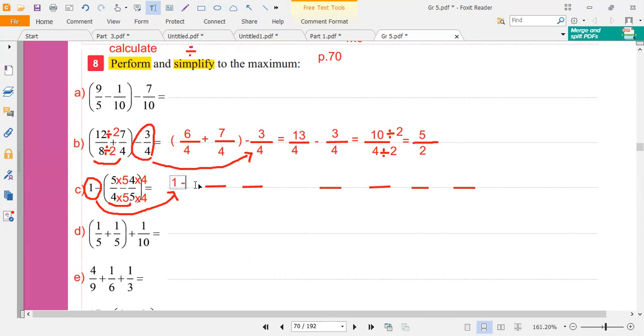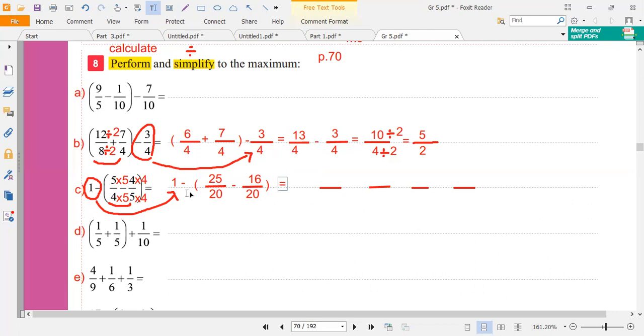Now we have parentheses, and between parentheses we have 5 times 5, 25, 4 times 5, 20, minus 4 times 4, 16, and 5 times 4, 20. Now these two fractions have the same denominator, so we can subtract them.